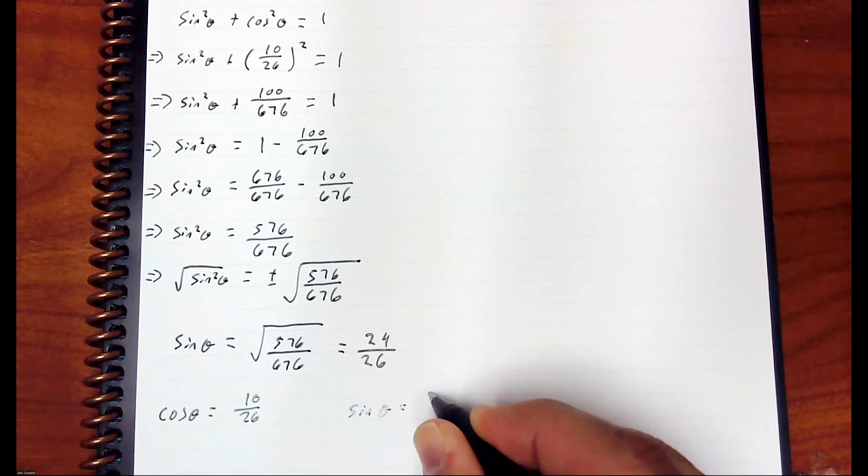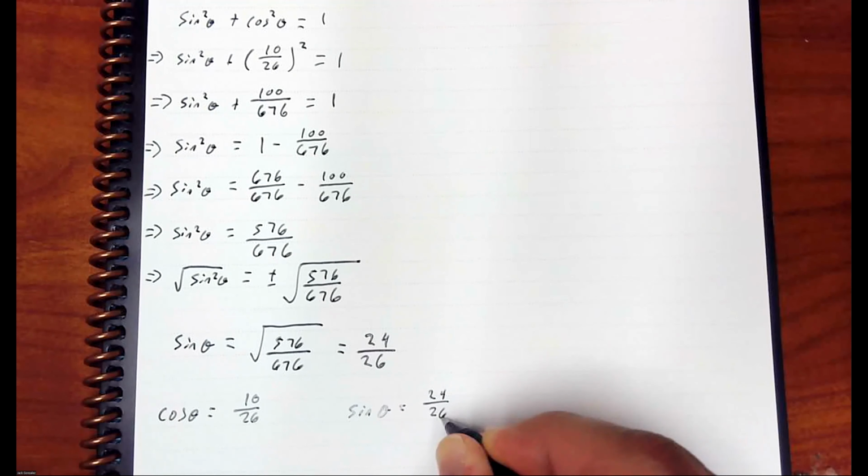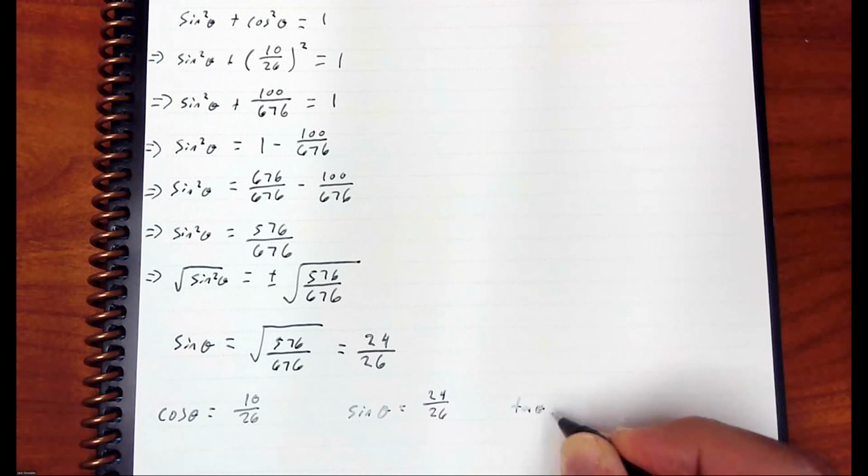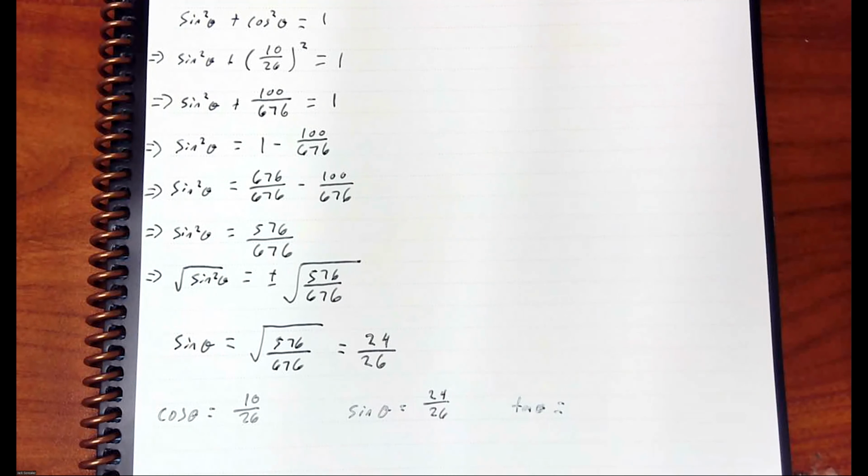So now we can write all 6 trig functions, right? No problem. So cosine we were given, and it said it was 10 over 26. We found sine to be 24 over 26. So what is tangent? y over x, right?